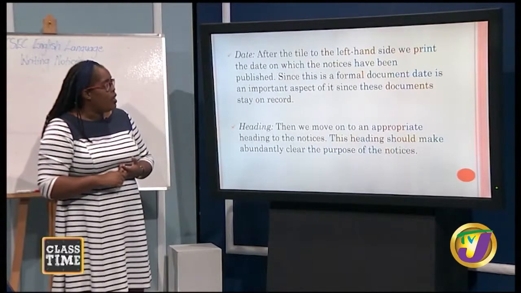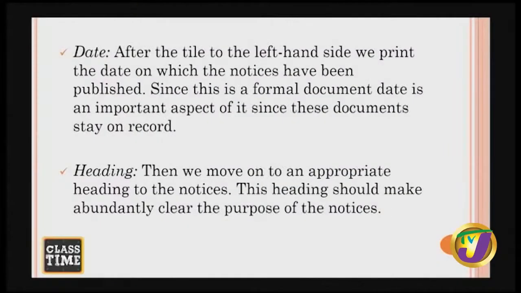So after the title, to the left-hand side, we print the date on which the notice has been published. Since this is a formal document, date is an important aspect of it since these documents stay on record. And these are the ones that are formal, right? This is referring to the notices that are formal.